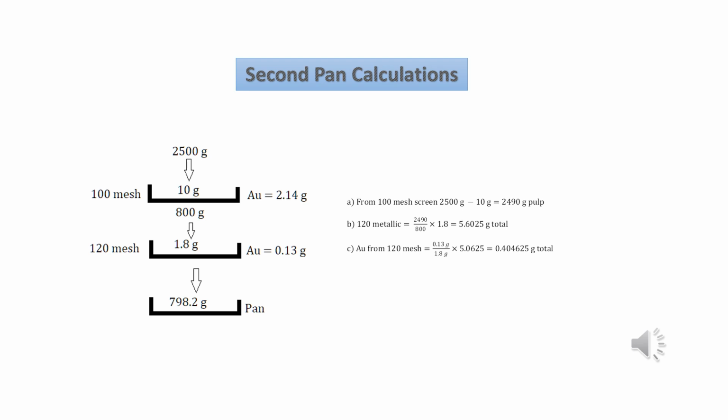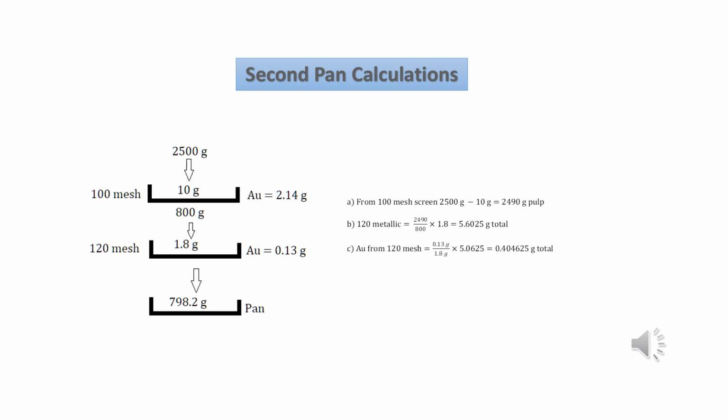So you run that 800 grams through, and you get 1.8 grams of metallic on your second screen. Now you're going to have to estimate the total amount on that screen if you had used the full 2,490 grams of pulp. You can do this easily.